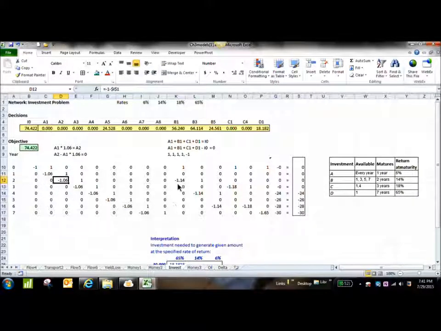When we start talking about account B, you'll start with a 1, and then 2 years after you'll gain 14%. And then 2 years after you gain 14%. Then 2 years after you gain 14%. Same thing with account C. You'll gain 18% after 3 years.